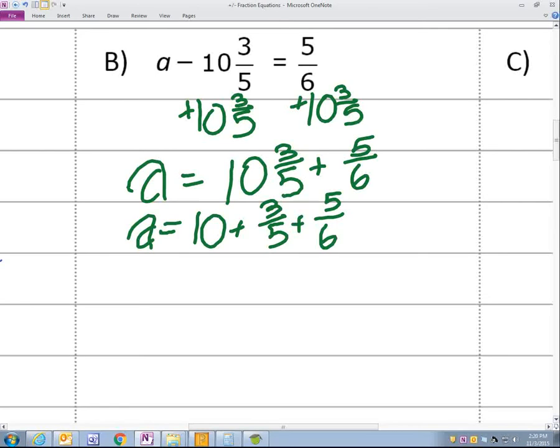What is the LCD of those two fractions, Mr. Webb? 30? Exactly. Now you're thinking, 5, 10, 15, 20, 25, none of those, so it has to be 30. Ideally, we would have it be smaller than the two numbers multiplied together, but it just so happens to be like that.